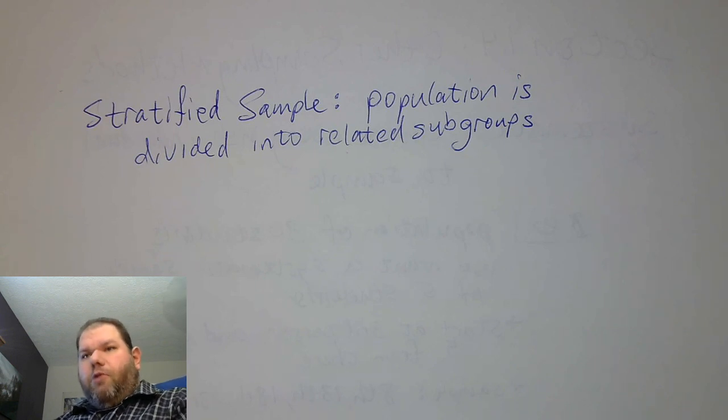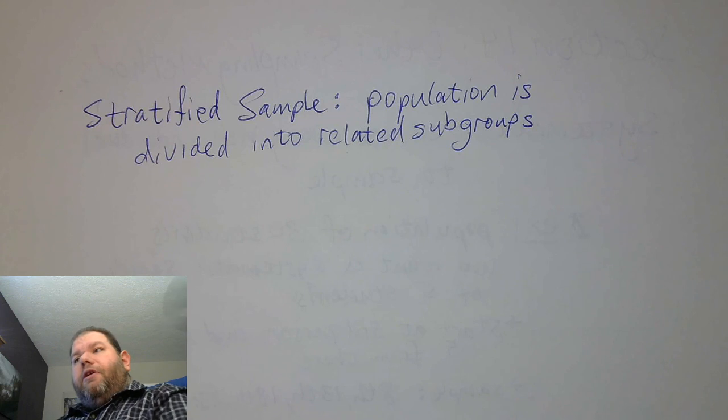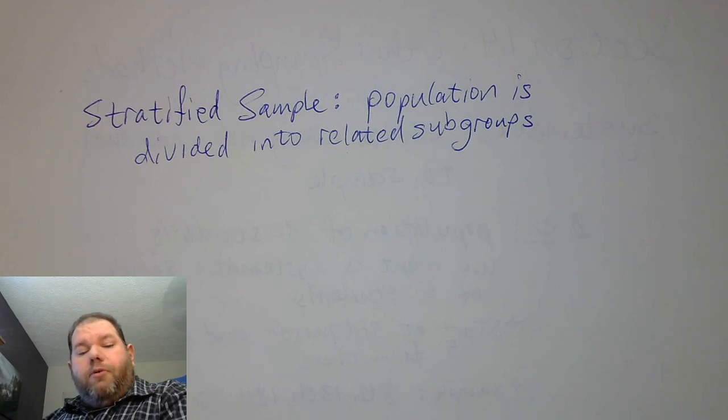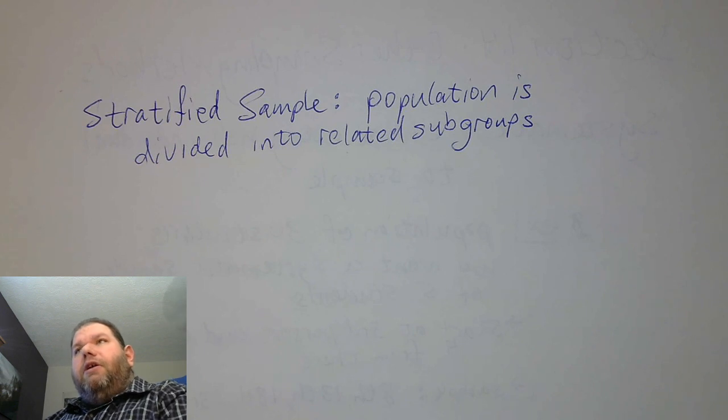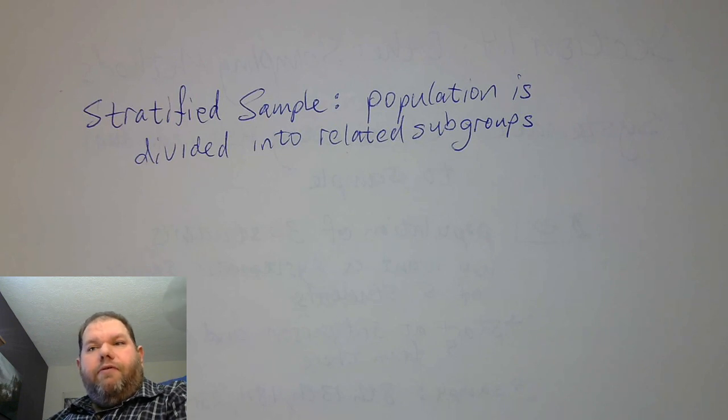In market research, when we're doing advertising research, groups are broken up according to age, for instance. You might have an under 18 age group, 18 through 35, 36 through 49, and then 50 to 64, or just 50 plus.